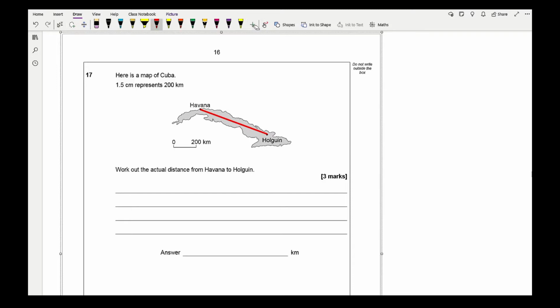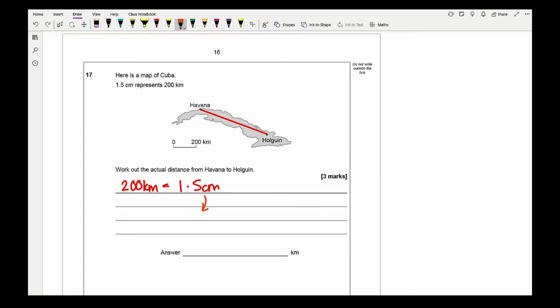Now this is going to be very difficult because I haven't got a ruler on the computer for us to do this. But what we need to do is that we know that 200 kilometers is equal to 1.5 centimeters. If it was as simple as 1 centimeter, that would be brilliant. So what we need to do is work out how many kilometers there are in 1 centimeter.